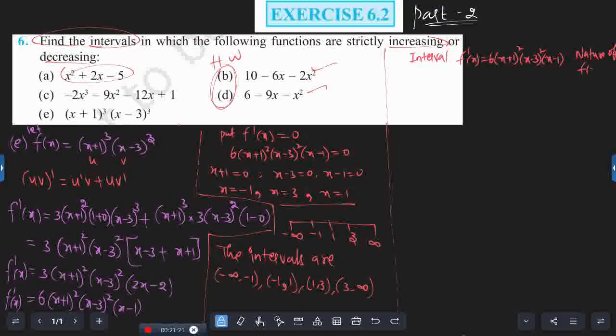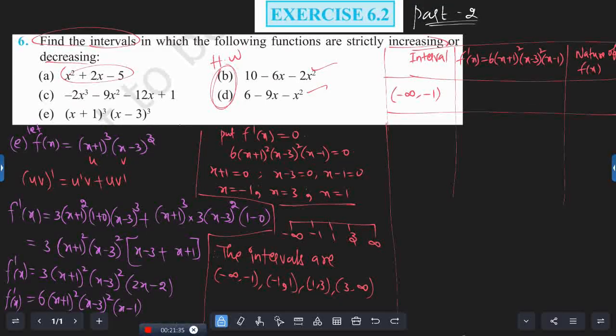So we have a table. First one: minus infinity to minus 1. Second one: minus 1 comma 1. Third one: 1 comma 3. Next one: 3 comma infinity.